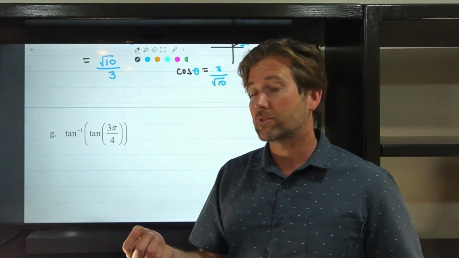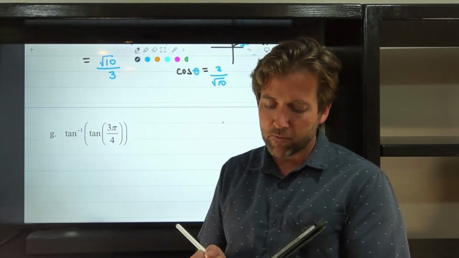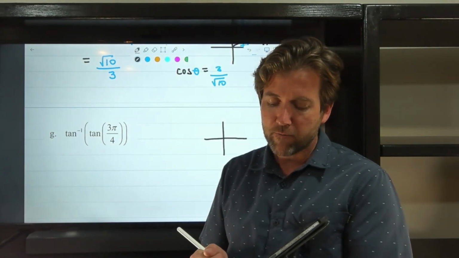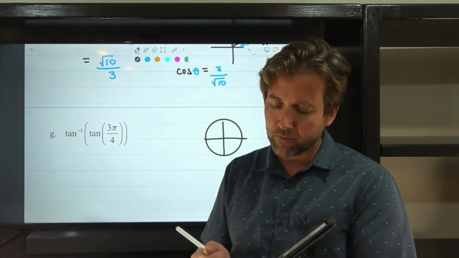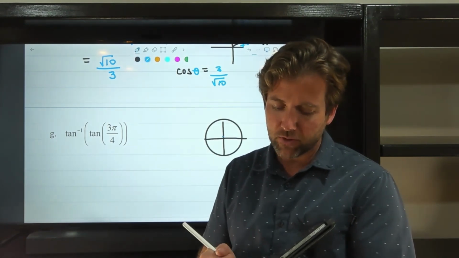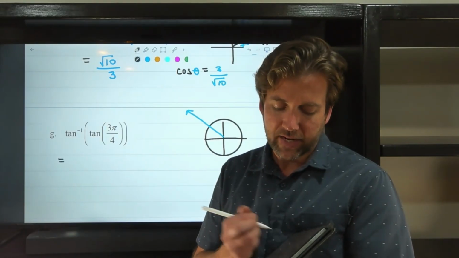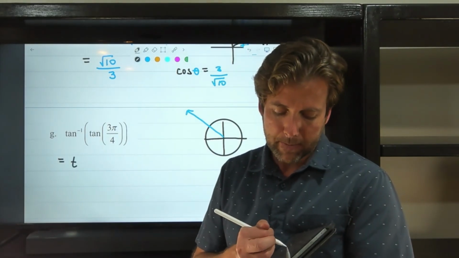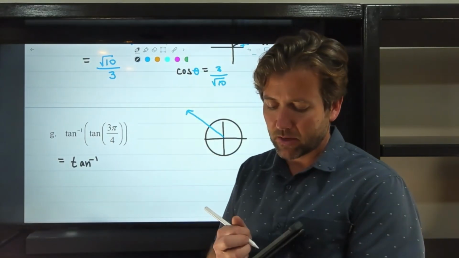So it can't be it. Let's just focus on tangent of 3 pi over 4 first. I'm familiar with that angle. I can draw a unit circle here. 3 pi over 4 is right here. The tangent of 3 pi over 4 is going to be -1. The slope of this angle is -1.